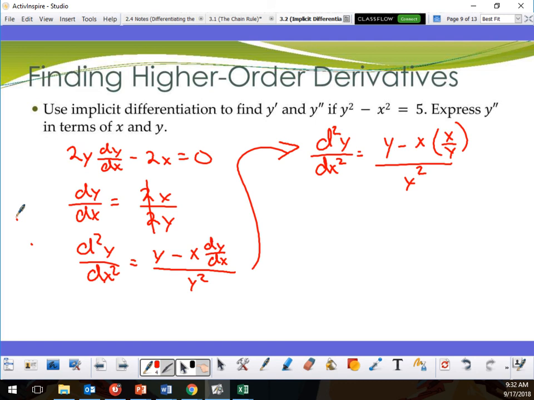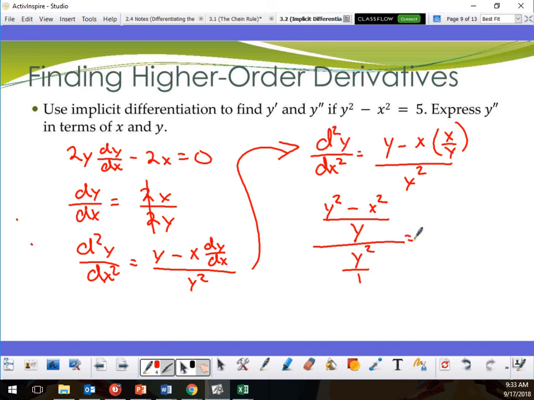So it'd be, let me see. That's going to turn into y squared minus x squared over y, all over y squared over 1. See what I did there? X squared over y, right? And I turn this into common denominator. Okay, so go ahead, multiply by the reciprocal.